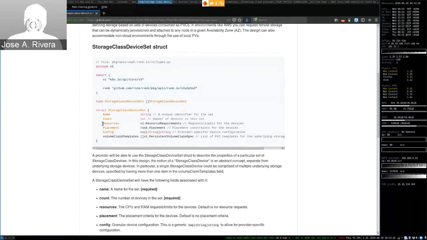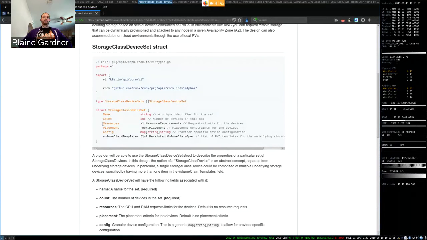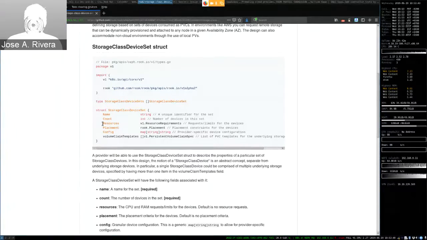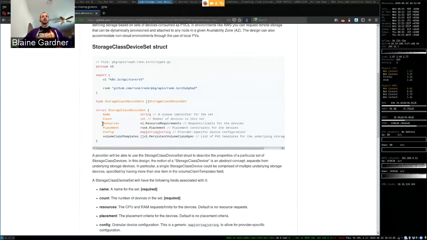Right, but Rook Ceph already has the model of allowing you to specify and override OSD configuration at different levels. This is keeping that model. But we can't override it at the disk level, unless I'm mistaken. And this would mean overriding the config at a sort of virtual disk level.